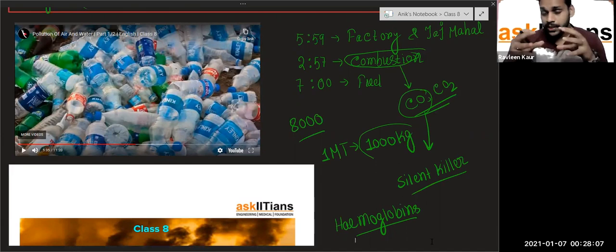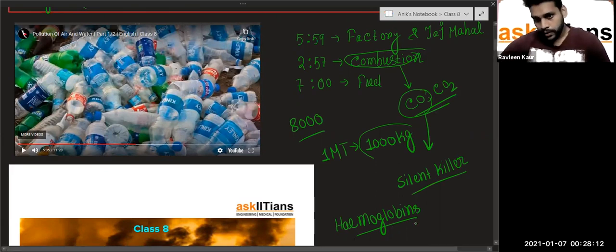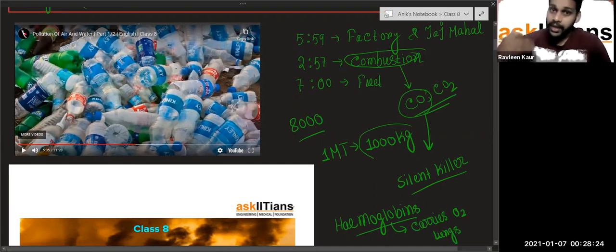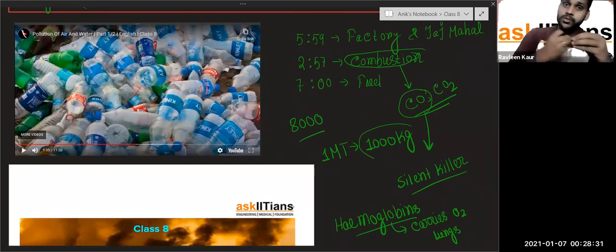Okay, let's leave this aside. The main thing about hemoglobin is, what is the use of this? This carries oxygen to our lungs. It is the oxygen carrier, the main thing that helps the oxygen get transported.